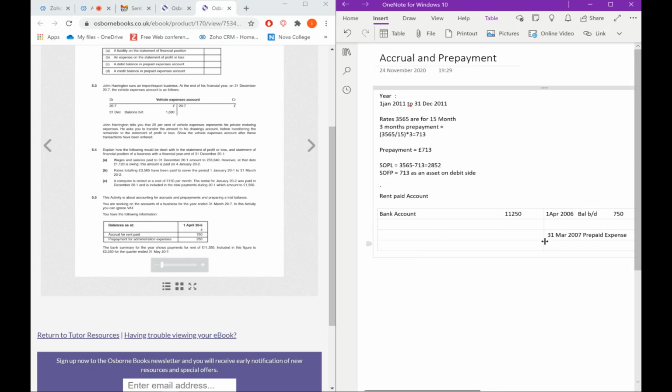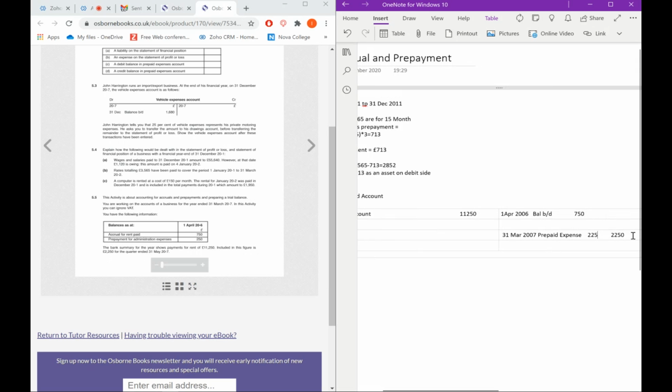So here, 31st March 2007, prepaid expenses 2,250. This is our account. Okay.